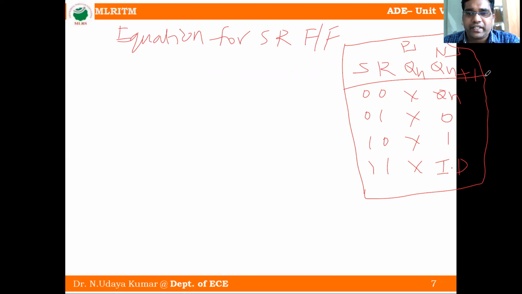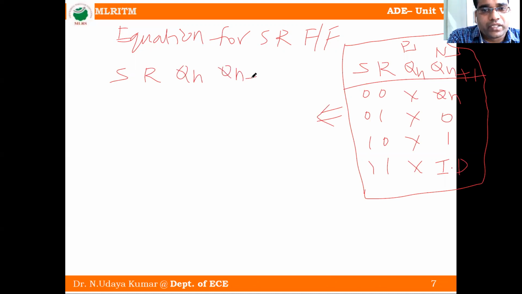Now we will find the expression for SR flip-flop by using this truth table, with columns S R, Qn and Qn plus 1.